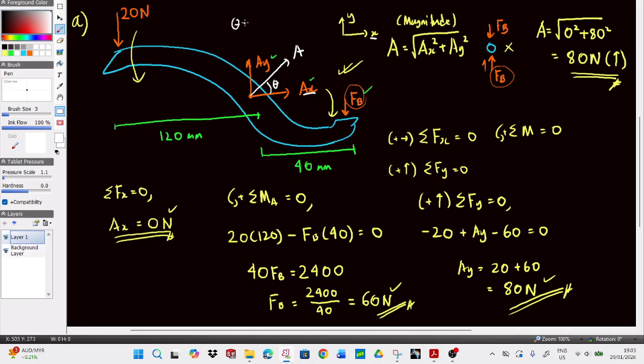Theta is basically tan inverse of your y component over your x component. Again, that is if Ax is not 0 and you have to find the direction. So that's how we would do it. We don't need it in this case.